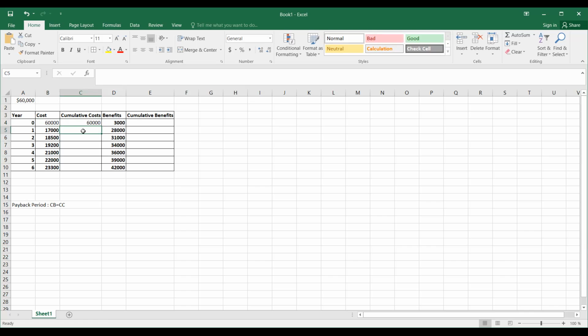So the cumulative cost for year 1 is 60,000 plus 17,000, which gives you 77,000. Next, in the second year, the cumulative cost for the system is $77,000, and you add 18,500, which gives you 95,500.